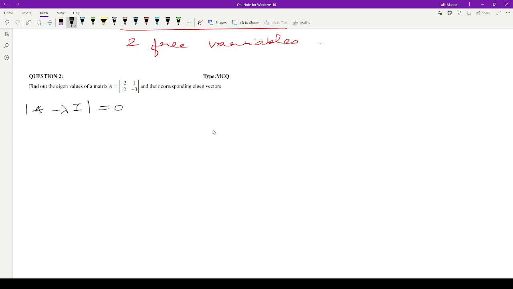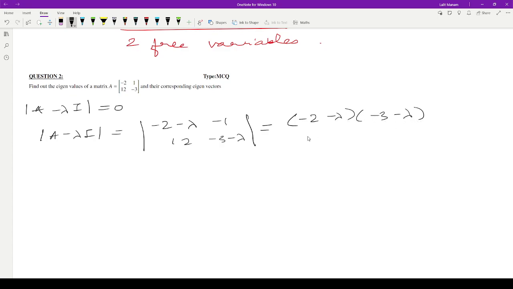If we take this specific matrix, we first write the determinant of A minus lambda I, which is minus 2 minus lambda, minus 1, minus 3 minus lambda. If we open up this determinant, it will be like this. Plus 12.